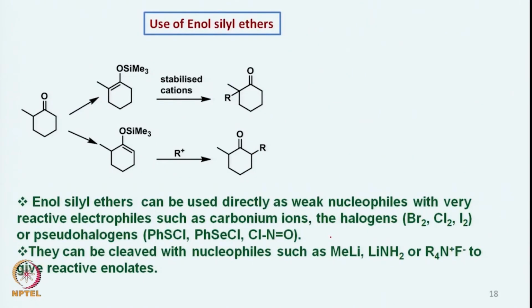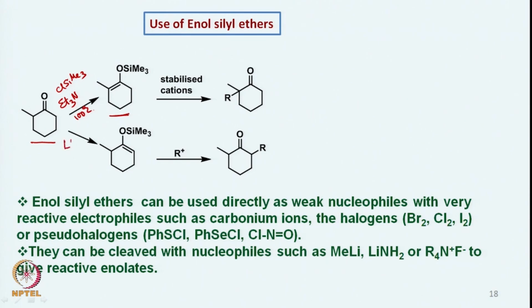for enol silyl ethers. So as you know that we can take an unsymmetrical ketone and at a high temperature, like for example if we have triethylamine and chlorotrimethylsilane at say reflux temperature, so like about 100 degrees or so, we can easily make the enol silyl ether of this kind.